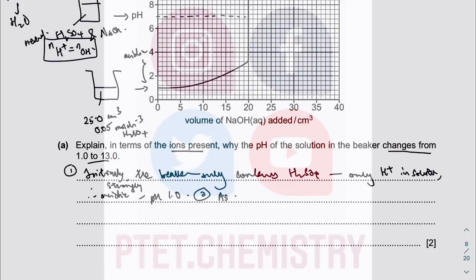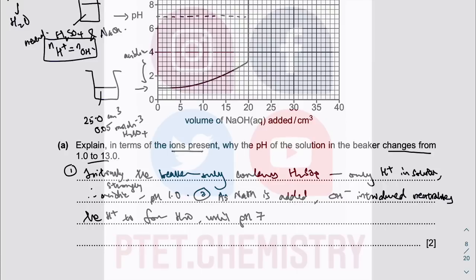Okay, as NaOH is added, the OH minus added neutralizes the H plus to form water until pH 7. Therefore pH increases until 7, where the mole of H plus equals the mole of OH minus, so you get neutral pH.